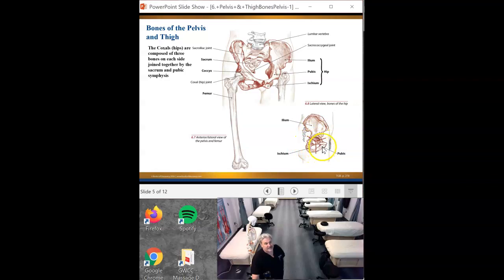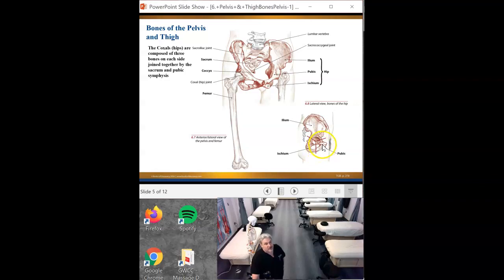And because this pubic bone is made up of 2 parts, a part up here and a part down here, we call those rami or ramuses. Rami means arm, and this is the lower arm of the pubic bone, and this is the upper arm of the pubic bone. But we don't call it the upper, we call it the superior ramus of the pubis, and this is the inferior ramus of the pubis.